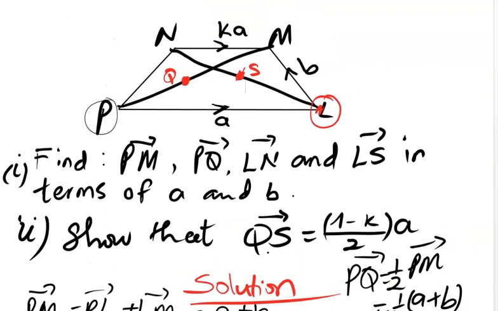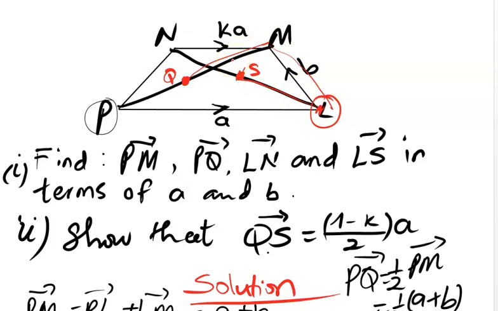QS means you have to start from Q to go to S. We can say Q to M, plus M to L, plus L to S. This is the road that we are taking: Q, M, then M, L, then L, S.